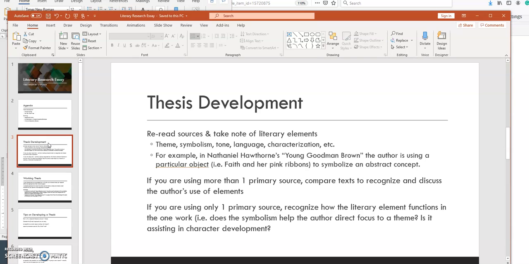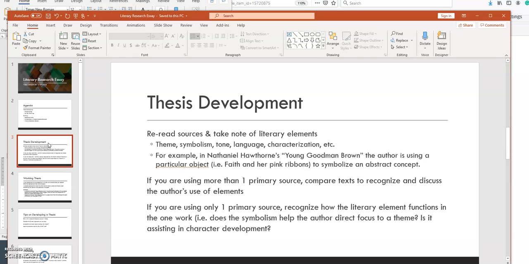So just because I'm asking you all to form a thesis that is specific to some kind of literary element that the author is using, it does not mean that you cannot then use your body paragraphs to discuss the author's background, their childhood, if they had loved ones who died and that made them depressed, and that's why they talk about certain themes.